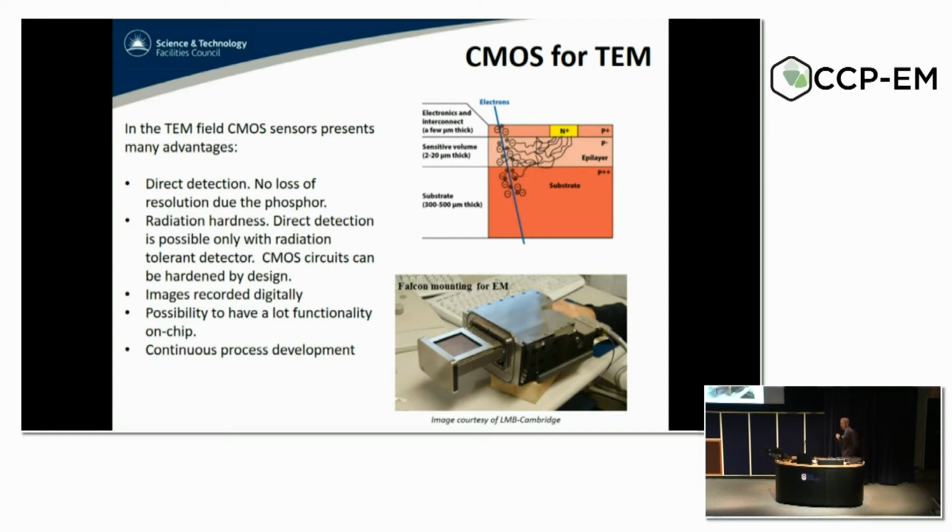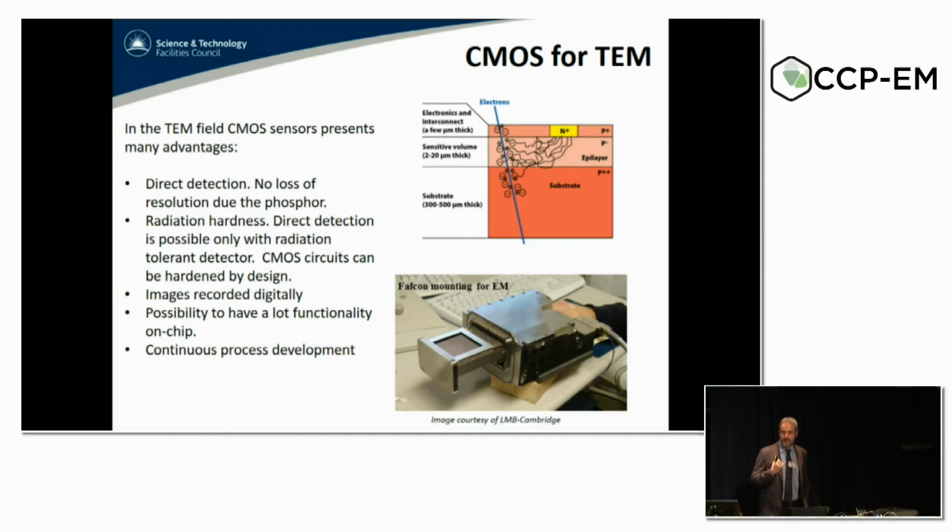So what are the advantages? Advantages are direct detection, as I said before, with no loss of resolution. Radiation hardness: well, electrons do damage the specimen, but will damage also the sensor. CMOS can be designed and fabricated in a way that is tolerant to radiation, so it doesn't get damaged, it doesn't lose performance. Images can be recorded in a digital format, as I said before, and because it's CMOS, it's the technology that is used in the electronics of everyday life.